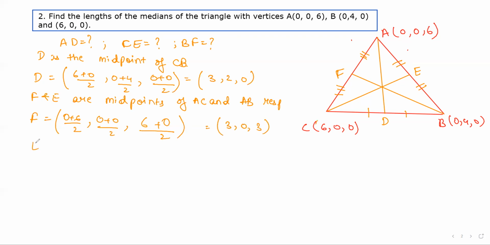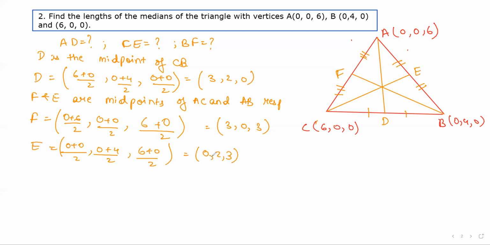And your E point will be equal to (0 plus 0) divided by 2, (0 plus 4) divided by 2, (6 plus 0) divided by 2. This equals (0, 2, 3).